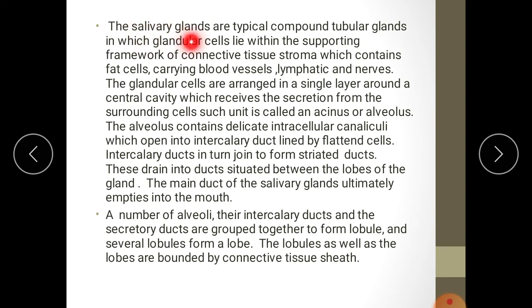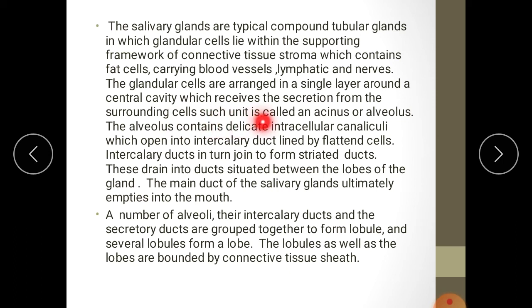So salivary glands are typical compound tubular glands in which glandular cells lie within the supporting framework of connective tissue stroma, which contains fat cells carrying blood vessels, lymphatics and nerves. The glandular cells are arranged in a single layer around a central cavity which receives the secretion from the surrounding cells.